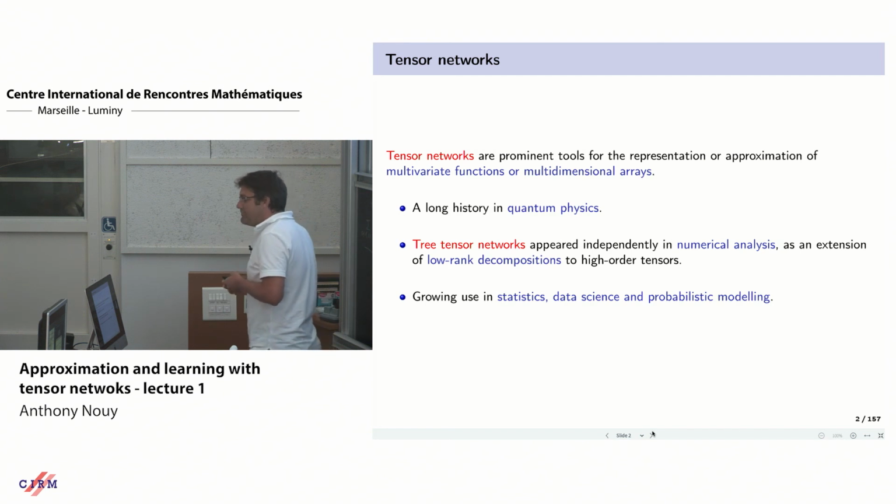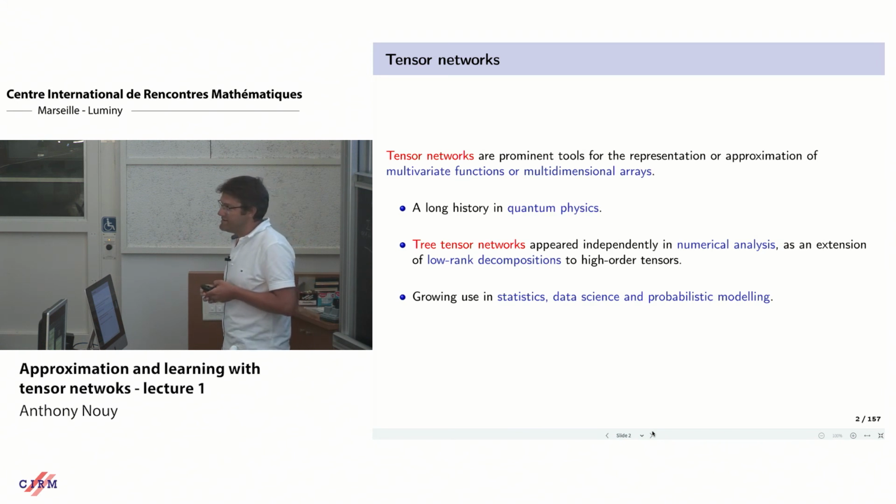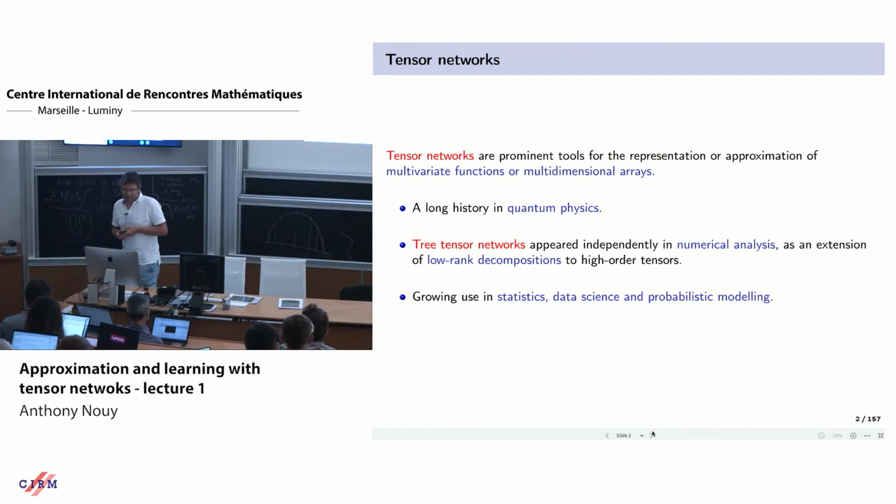It appeared independently in numerical analysis. In fact, a particular class of tensor networks called tree tensor networks, and as an extension of low-rank decompositions of higher-order tensors. And recently, it has been used a lot, and there are many developments in other fields, in statistics, data science, and probabilistic modeling.